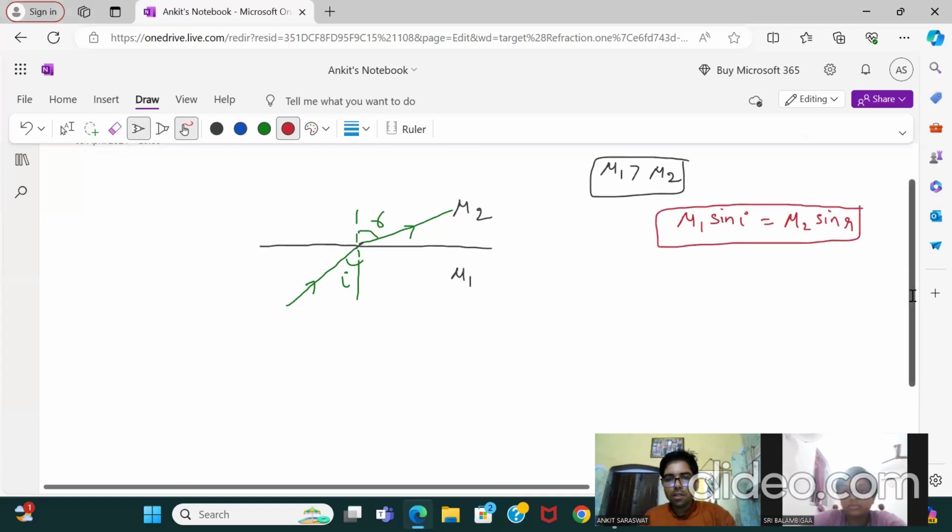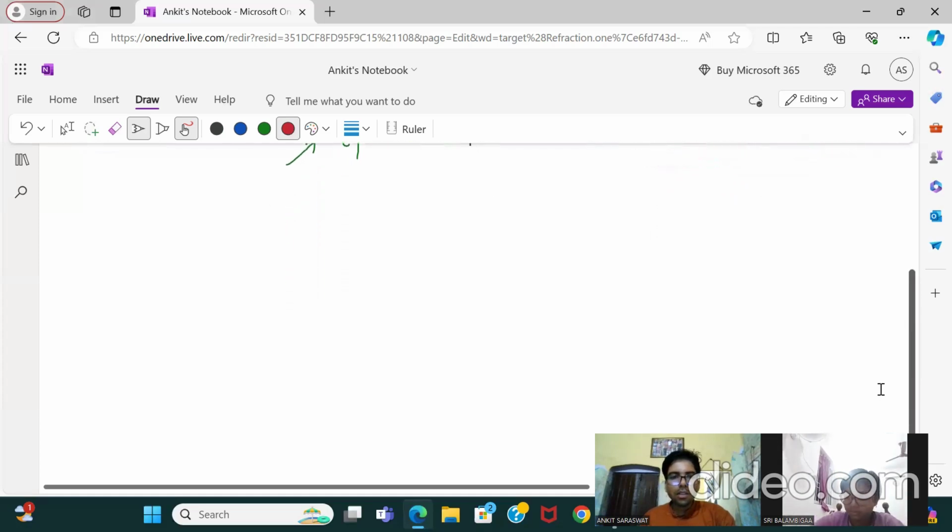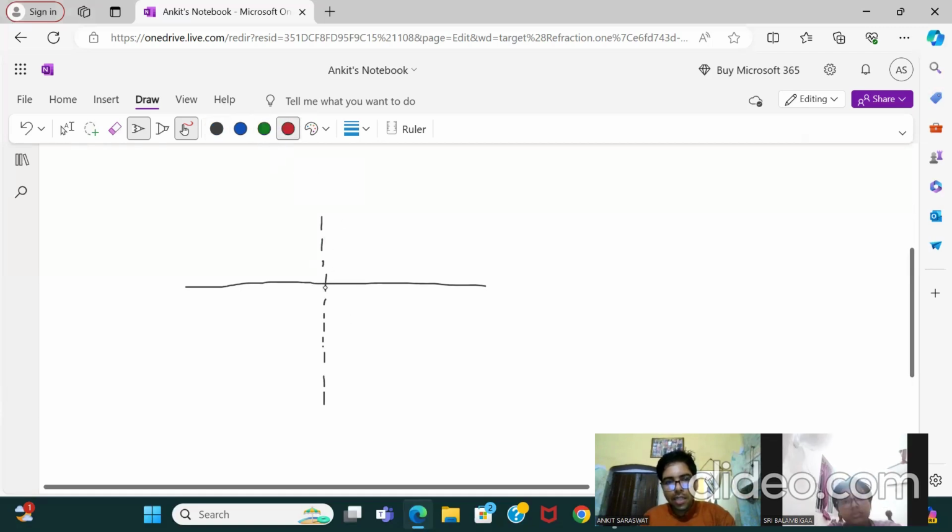Now again the same question I'm asking. See this diagram very carefully. This is the normal. If any light is incident like this, there is some refraction.